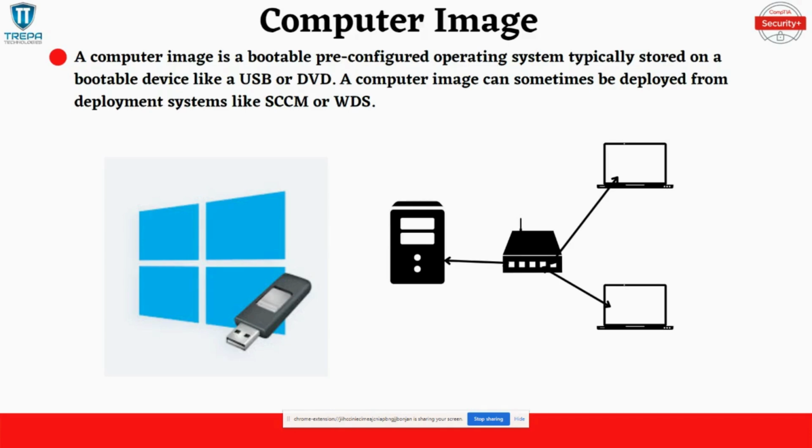A computer image can sometimes also be deployed from the network in deployment systems like Microsoft SCCM or Windows Deployment Service. This is where you make a pre-execution environment called PXE, and your users via DHCP and TFTP will be able to run an operating system over the LAN and install it over the LAN.